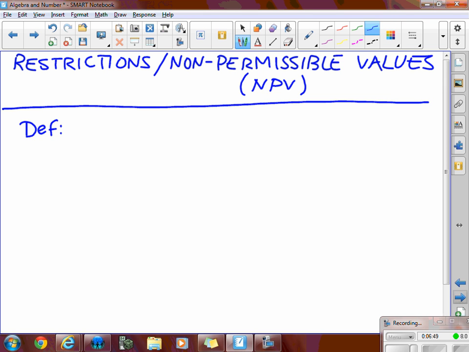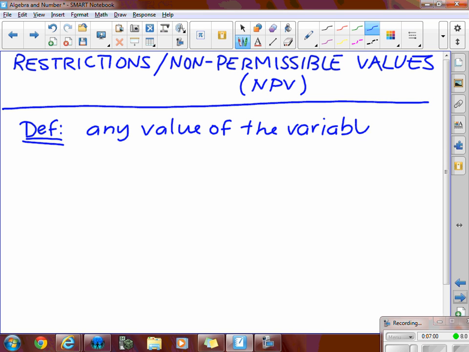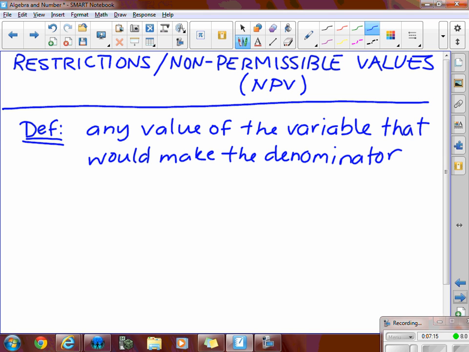So we're going to start with somewhat of a definition here. What is a restriction? Any value of the variable that would make the denominator of a rational expression zero.